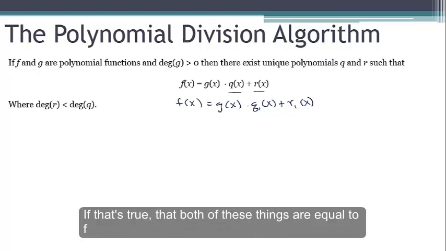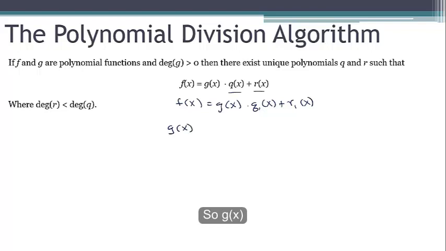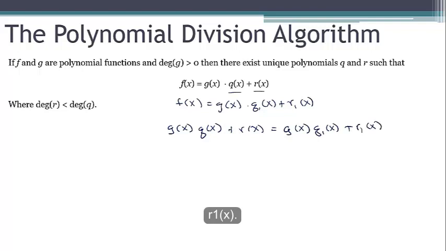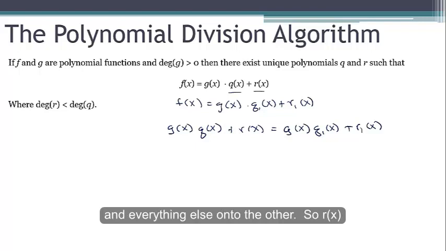Okay, well, if that's true, if both of these things are equal to f, then they must be equal to each other. So g of x, q of x plus r of x must also equal g of x times q1 of x plus r1 of x. All right, so what I'm going to do here, I'm going to rearrange things a little bit. I'm going to bring the r's onto one side and everything else onto the other.